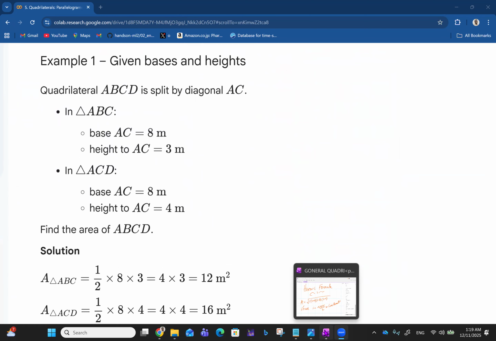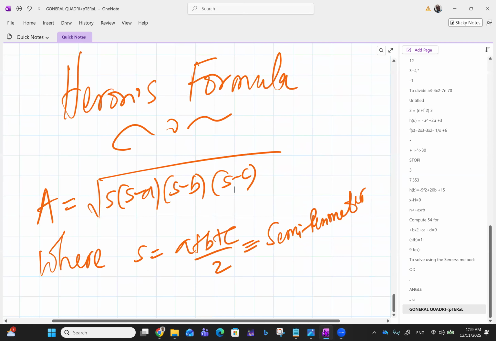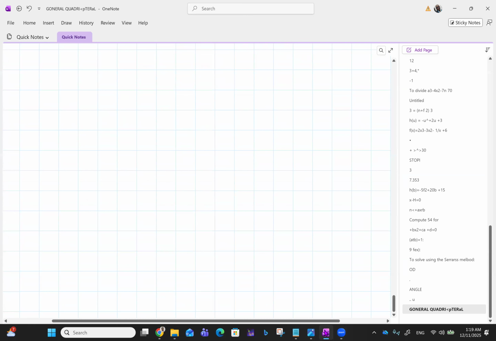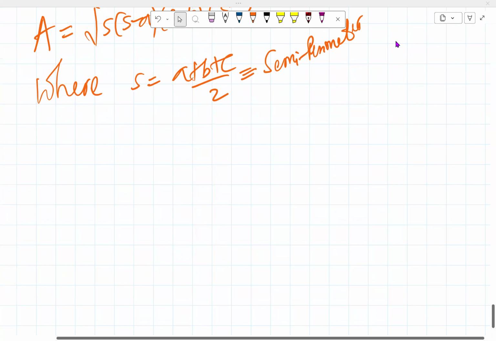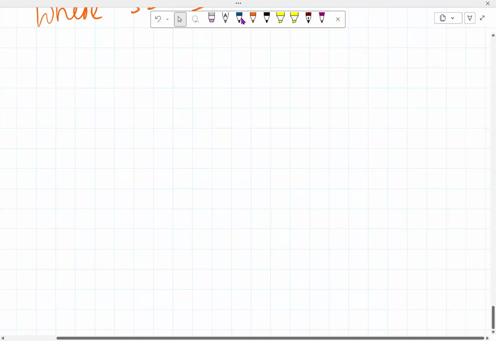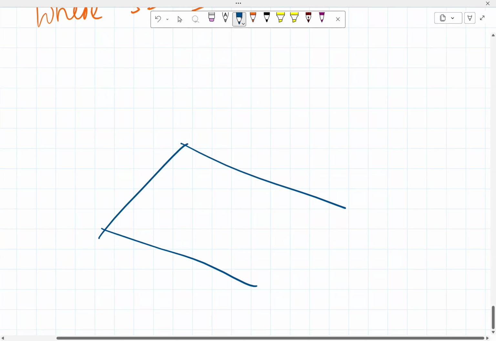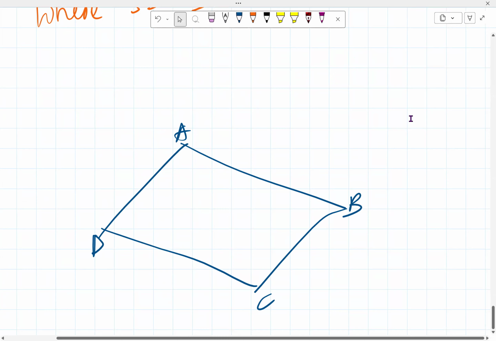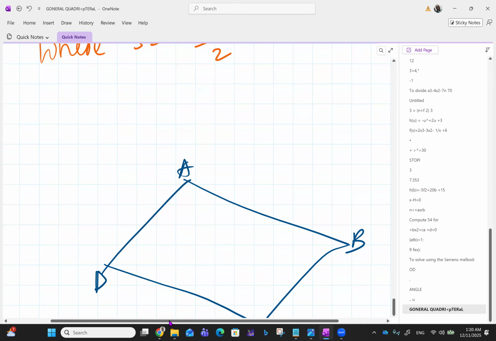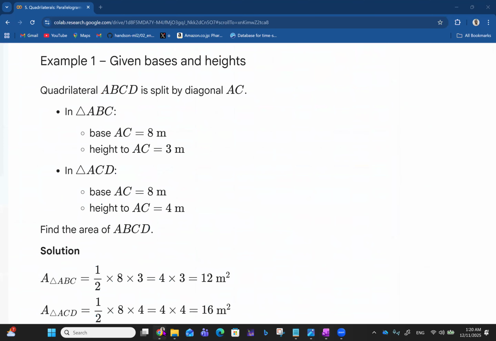So let me draw a quadrilateral anyhow. This is A, B, C, D. That's our quadrilateral. We don't know about anything parallel to anything or anything equal to anything.